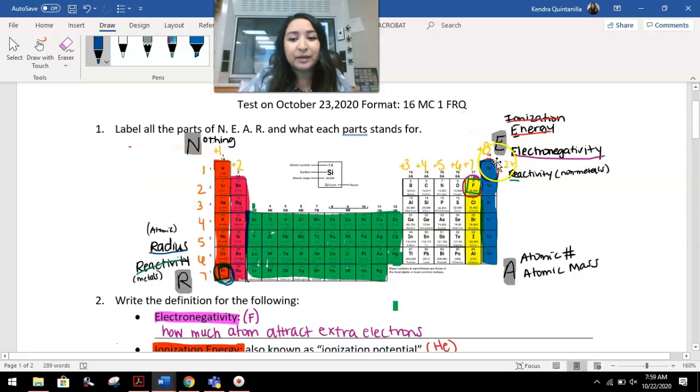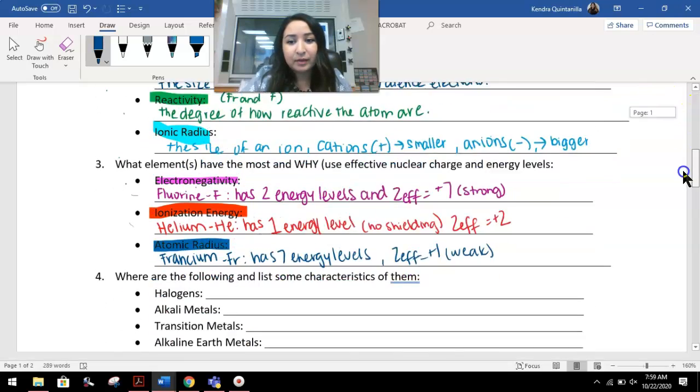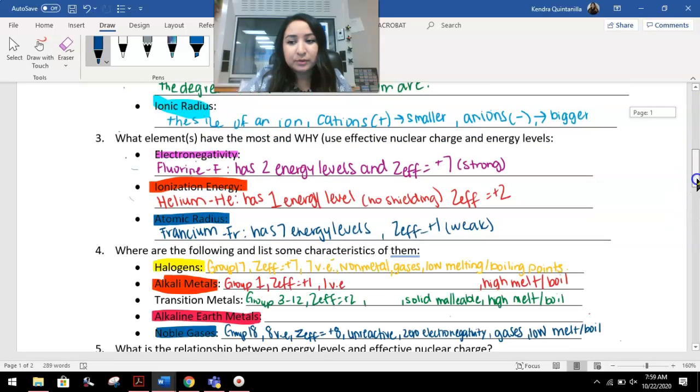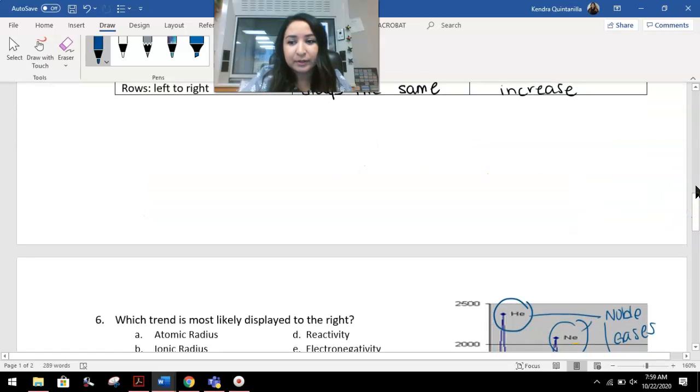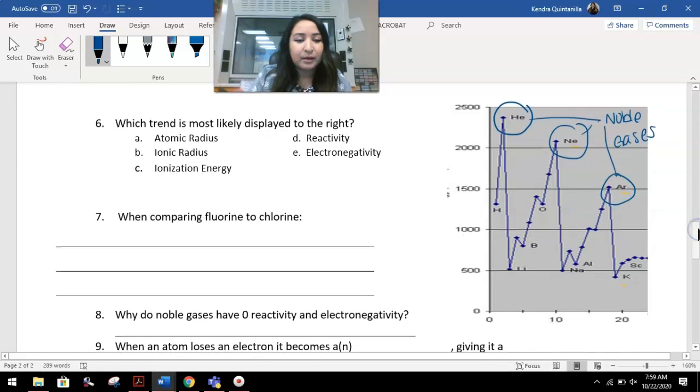Opposite, we would have helium. So helium actually has the smallest radius. So it is not the atomic radius because helium is the smallest.